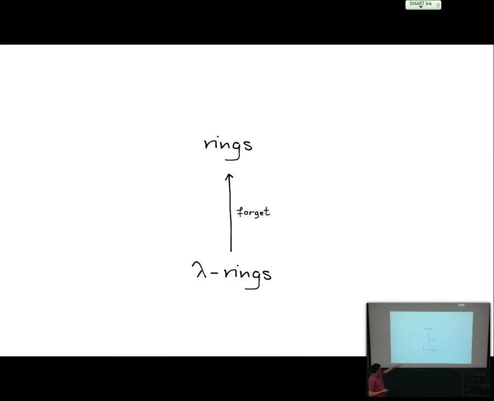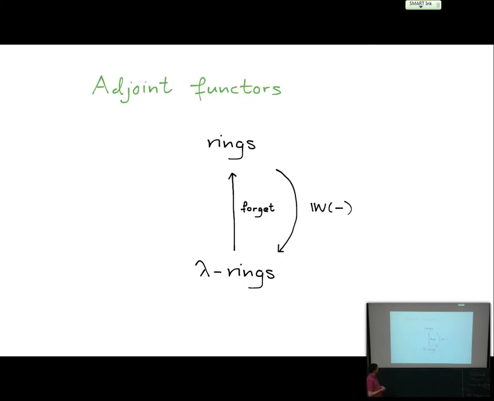So if we have a lambda ring, we can forget the lambda ring structure and just get a ring. And this functor has a right adjoint, which associates to a ring the ring of big Witt vectors together with the universal lambda operation.